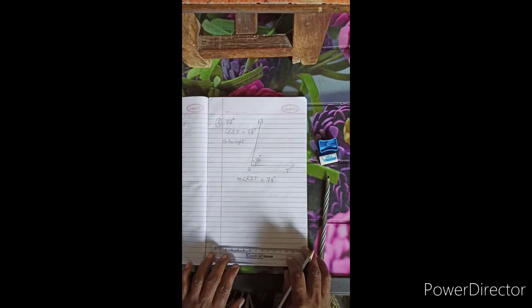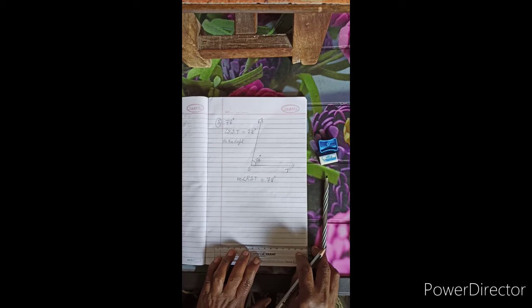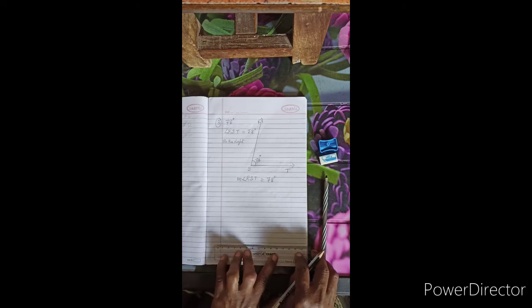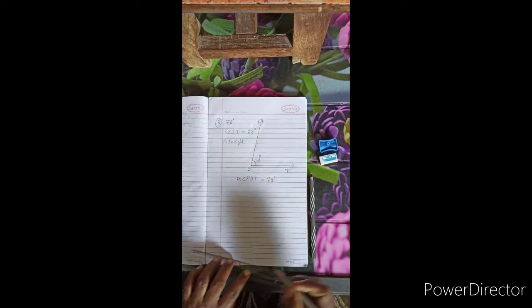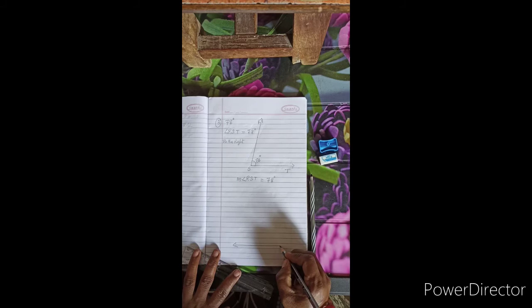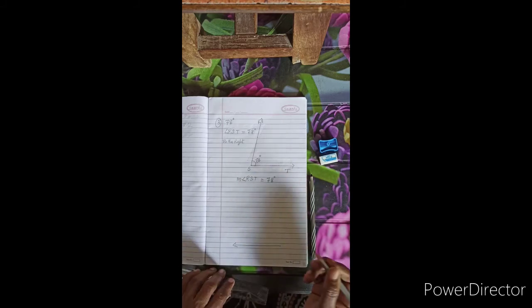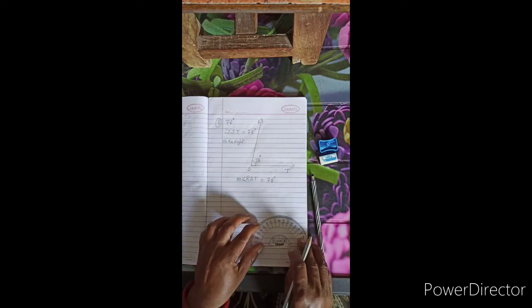Now the same angle I will draw to the left. So for this, between the two lines, draw the ray. Now this ray is facing towards the left. Here mark the point. Now take the protractor and keep this point on this point.